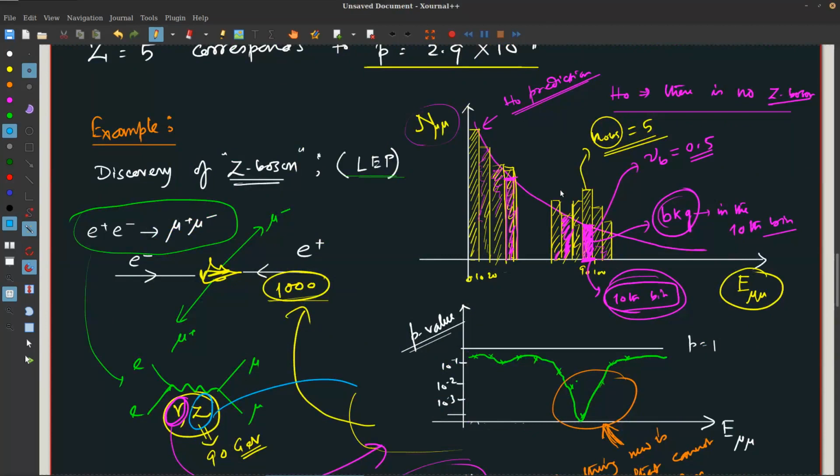In some of them, the data is well explained by the background because the signal is not significant there.